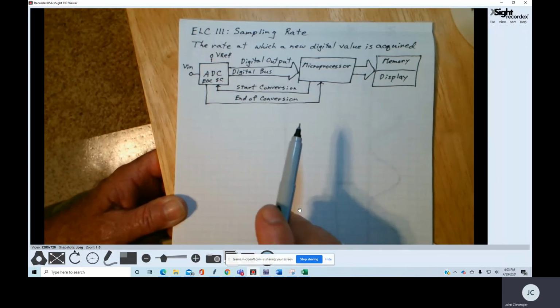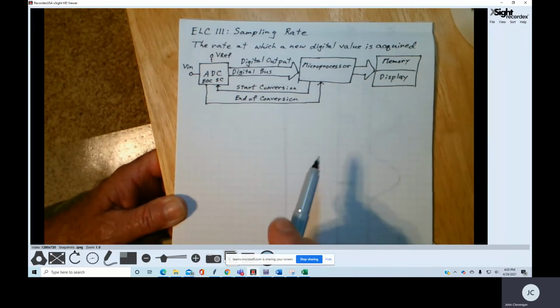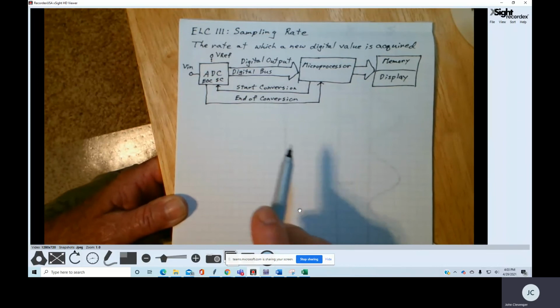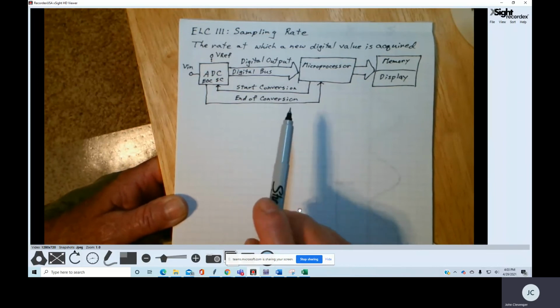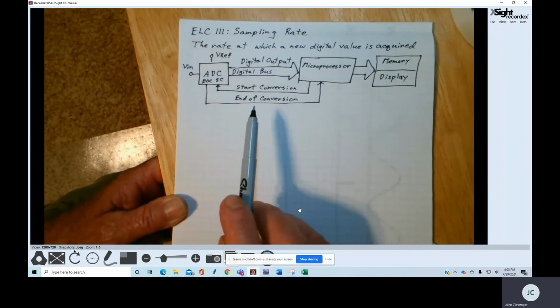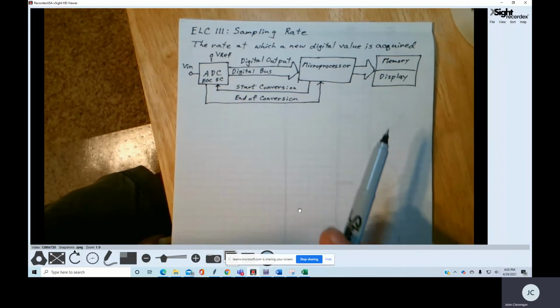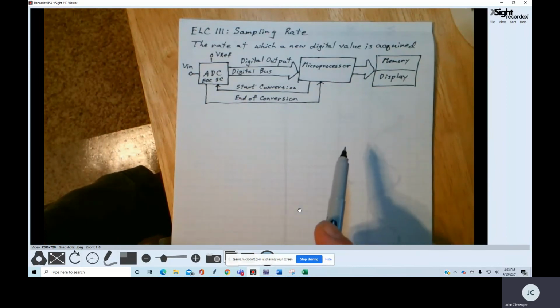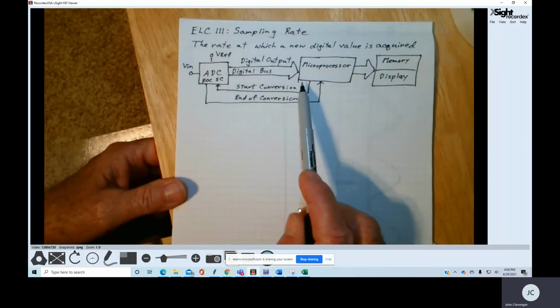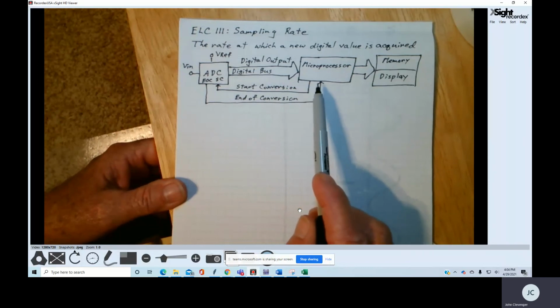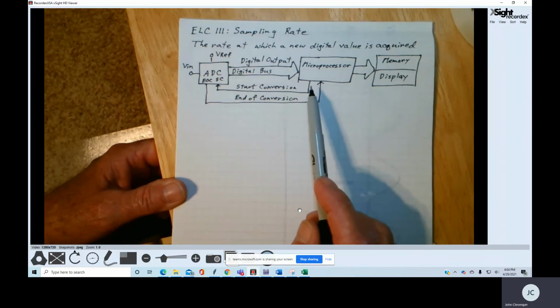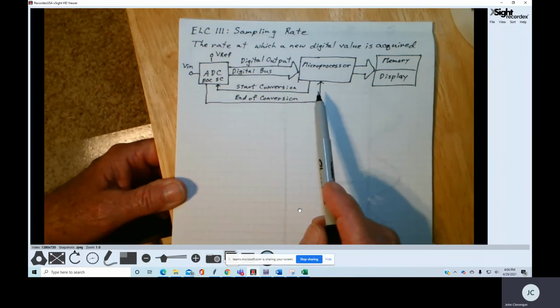And again, remember the resolution, the smallest change in the input voltage that can be recognized, is determined by the reference voltage and the number of bits in the digital output. And the digital output is sent to a microprocessor or a microcontroller. This is the brains of the whole operation.